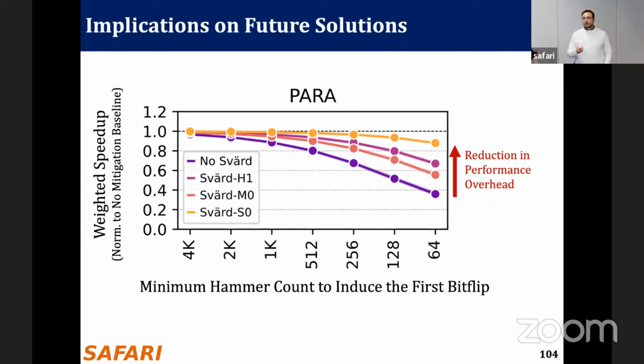So the lowest curve, which is dark blue or purple, depending on the resolution of your screen, I guess, is no Svärd, meaning that it's the original Para proposal.